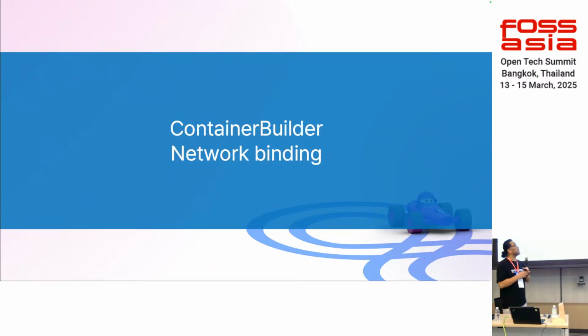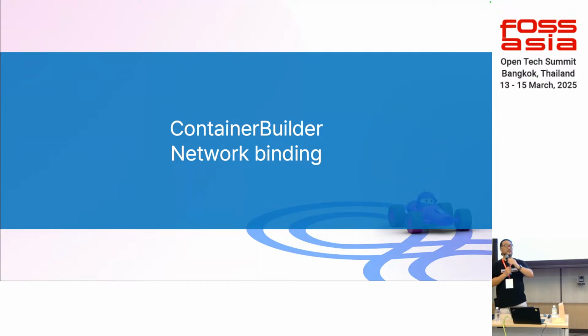And this time we also use a container builder, right? But with the container builder, we also need to provide some network binding, which mimics Docker Compose. Each container needs to understand where to call the other container.